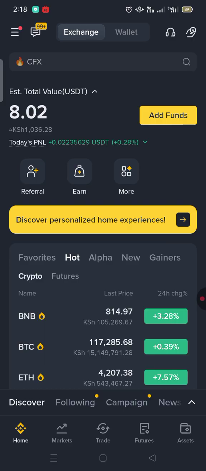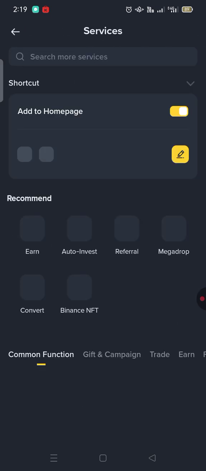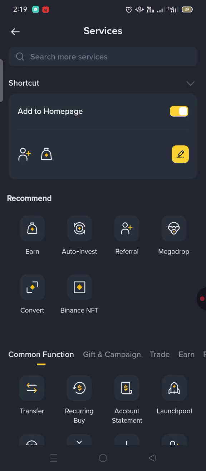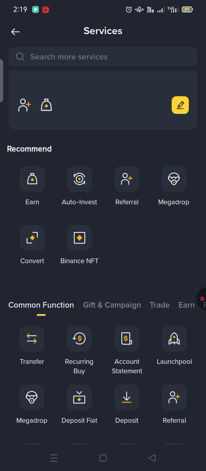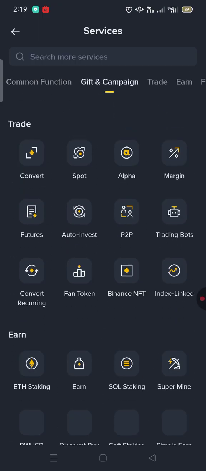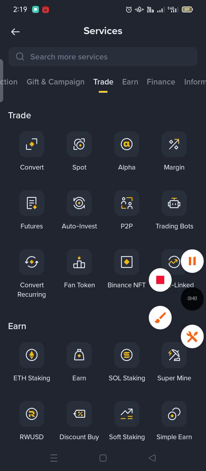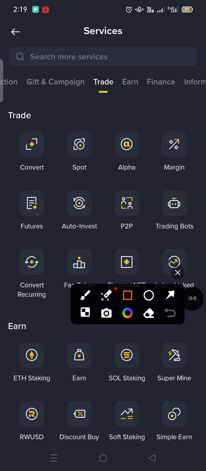P2P is whereby we have sellers and we have buyers. So if you want to buy, you can buy from P2P. If you tap on More, you'll be able to see P2P right here. This is the P2P. Let me show you. This is where you can always buy your USDT or even Bitcoin or Solana or other coins.